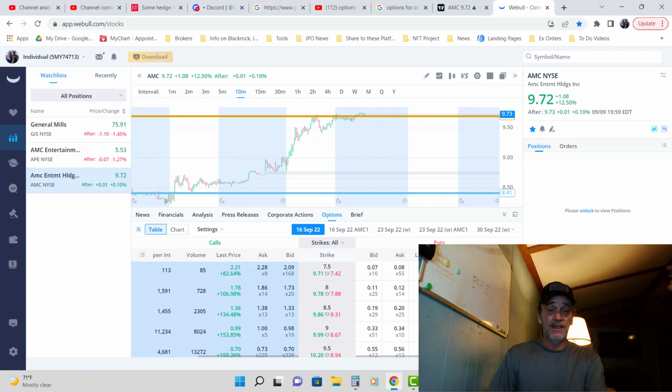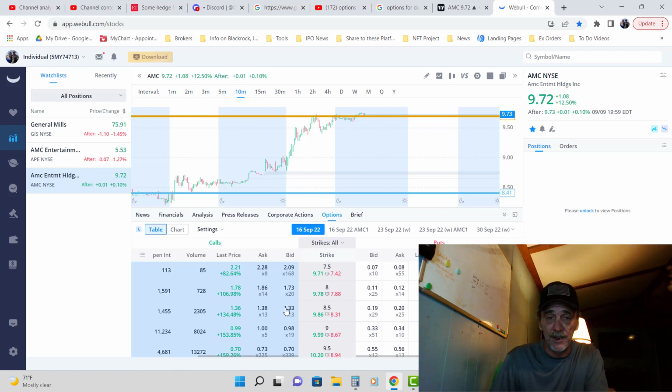Understand, look at this. Go to your options chain and practice saying it to yourself. I have to pay $2.28. It's only going to be worth $2.09. So you have to make up that difference, which is going to be 19 cents.